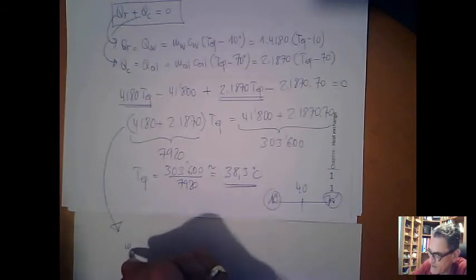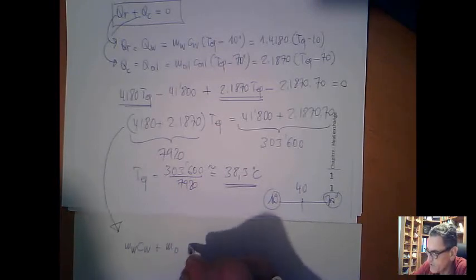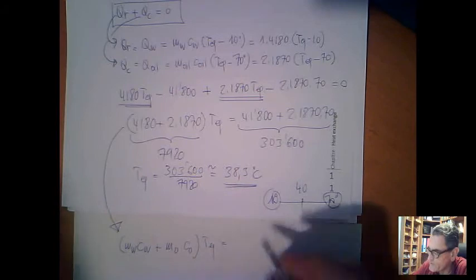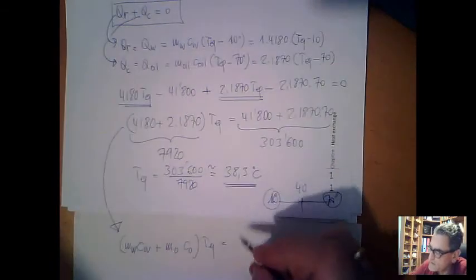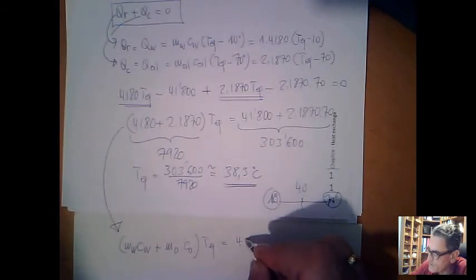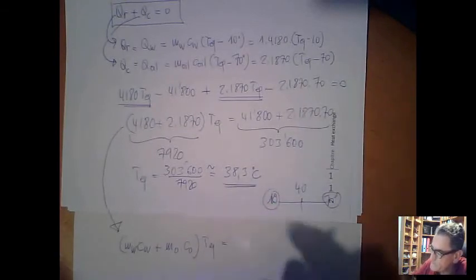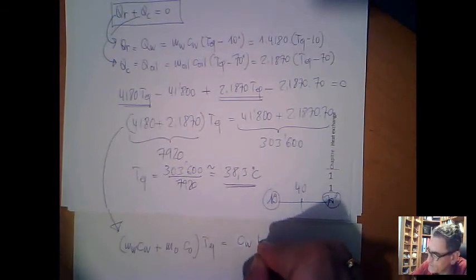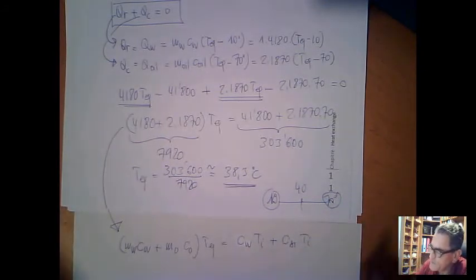This was the mass of the water times the C of the water plus the mass of the oil times the C of the oil times T equilibrium, and this is equal to the C of the water times the initial temperature plus the C of the aluminium times the initial temperature.